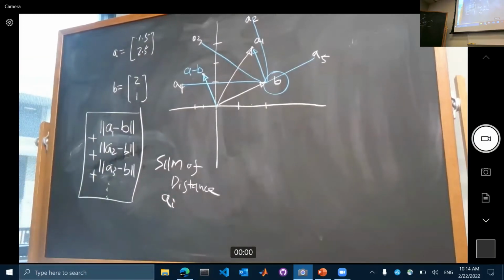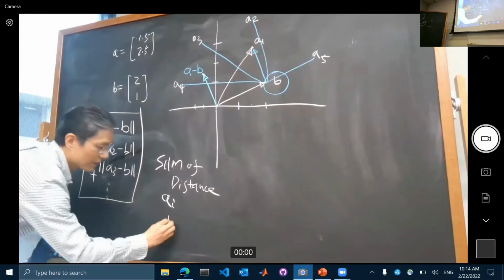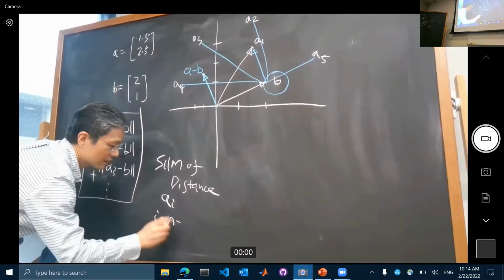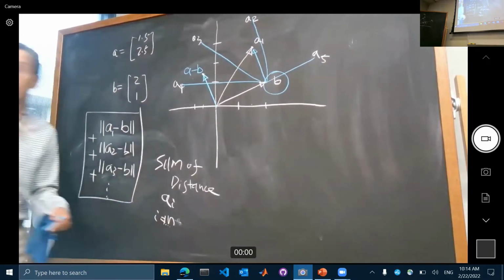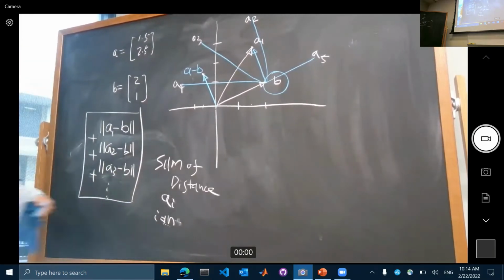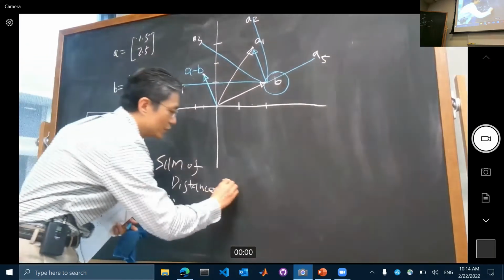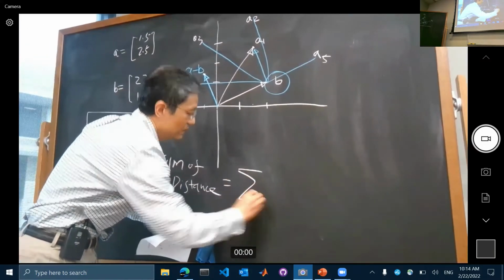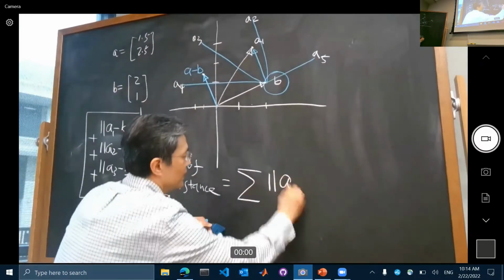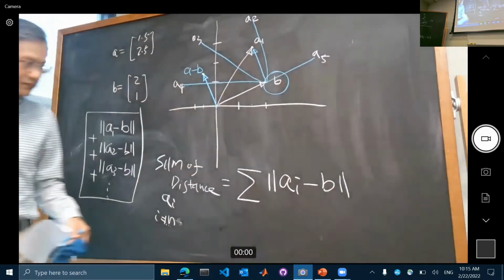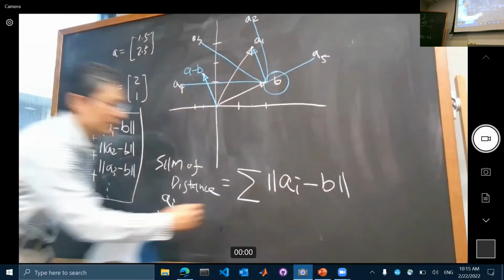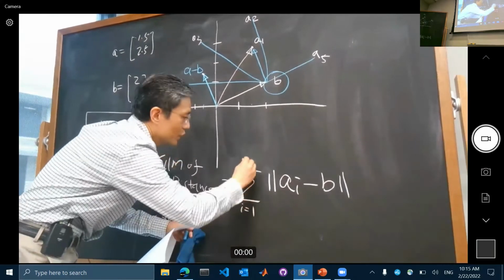So we have a lot of A, i equals 1 to N, depending on how many points you have. And the B is one random number selected. So to make this simple, we can rewrite this into a sum of Ai minus B, where i is 1 to N.